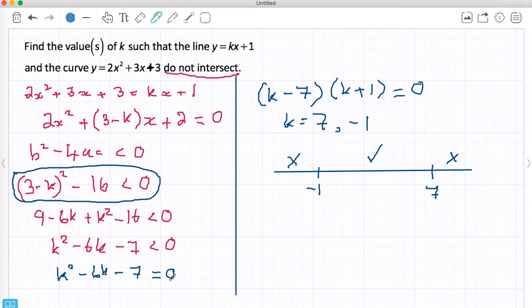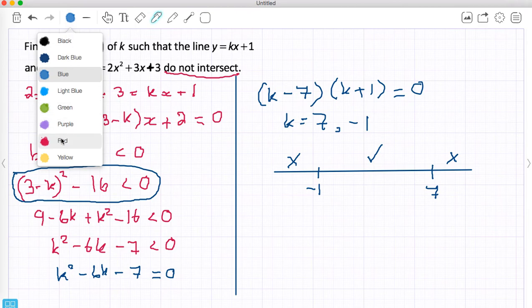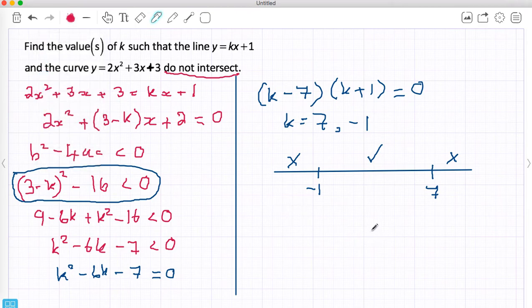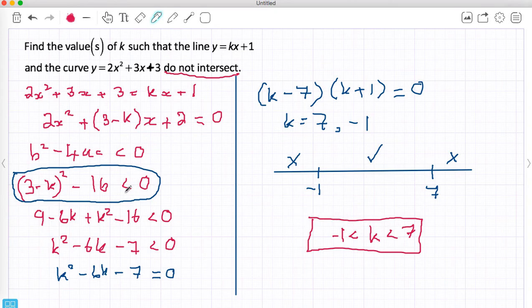So having made it equal to 0, having looked for the solutions by factorizing or using your calculator, I use this number line and I'm able to work out the values that I want k to be. So I want k to be less than 7. I want k to be greater than negative 1. And for these solutions, the lines will not intersect because that's where they're less than 0 and this is satisfied.